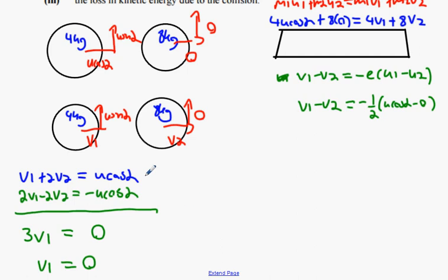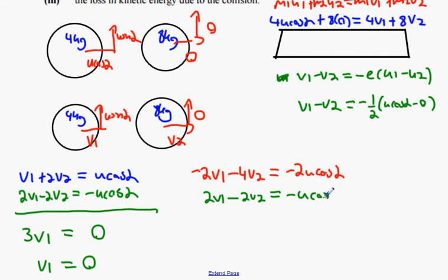I'm going to multiply the top one by minus 2. Okay? So the top one's going to get multiplied by minus 2, so it's going to be minus 2V1 minus 4V2 equals minus 2U cos alpha. The bottom one, which is in green, remains unchanged. 2V1 minus 2V2 equals minus U cos alpha.